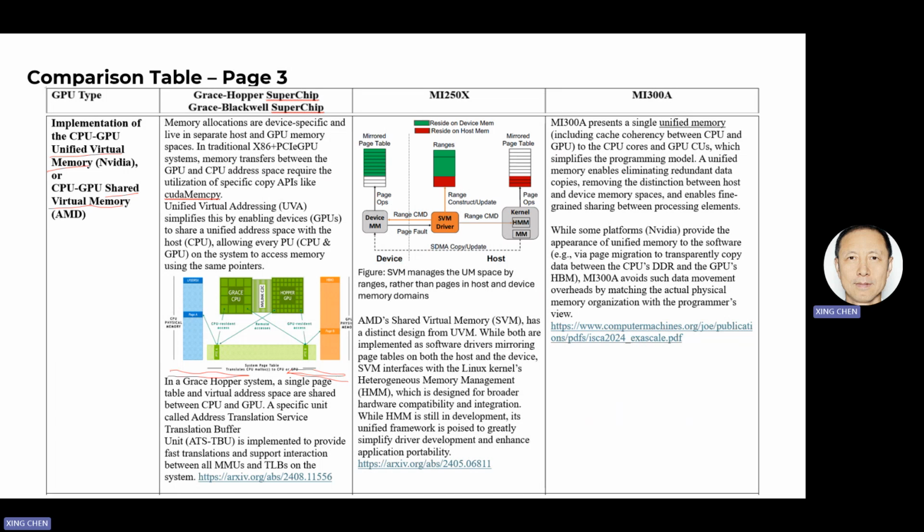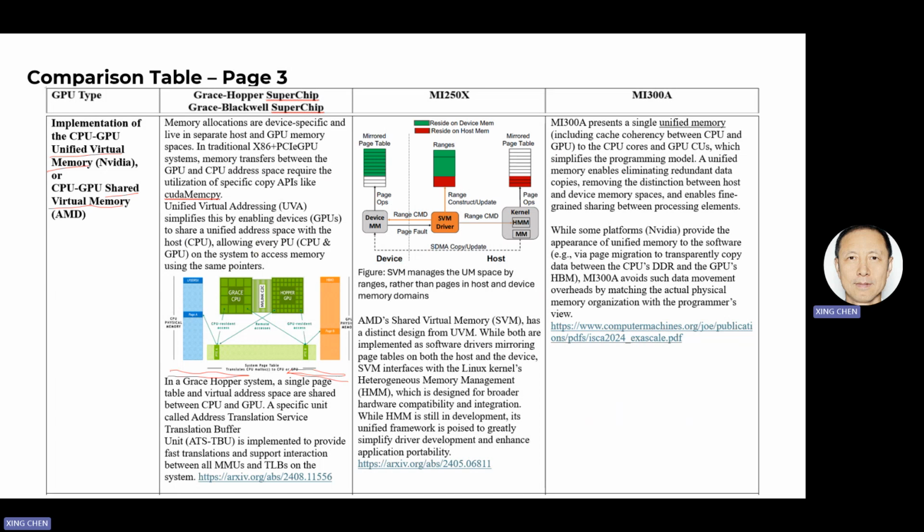But to make life easier for the programmer, in the early days we already had this kind of unified virtual memory, or unified virtual addressing, available from Nvidia, from CUDA.